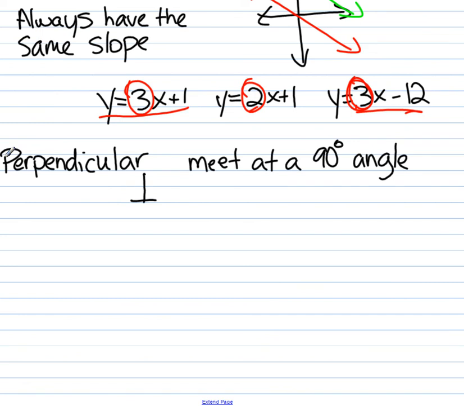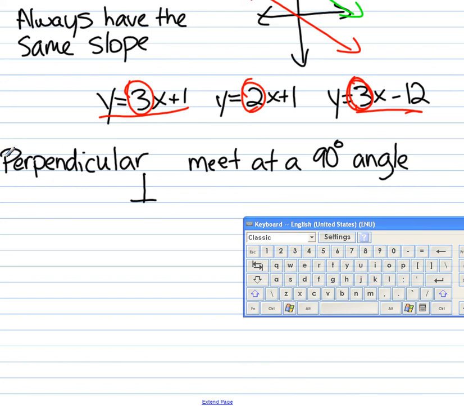Anyone have an idea of why they would use that as the symbol? Because it makes right angles. Any idea why they wouldn't use a T? Well, it wouldn't look close. Well, if you did a lowercase t, it would. It would look like a letter. This is not a letter, so we can use it as a symbol. On the keyboard, it's not there.